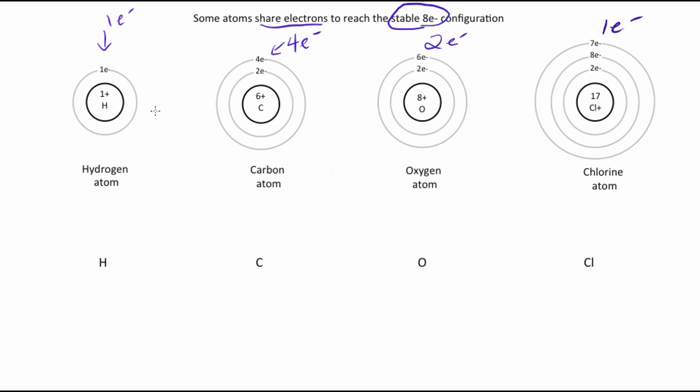So one way to illustrate this is, in the case of hydrogen, to draw another hydrogen atom with its outer energy level overlapping this one that's already drawn here. And since there's only one energy level, here comes an energy level from the second hydrogen atom.